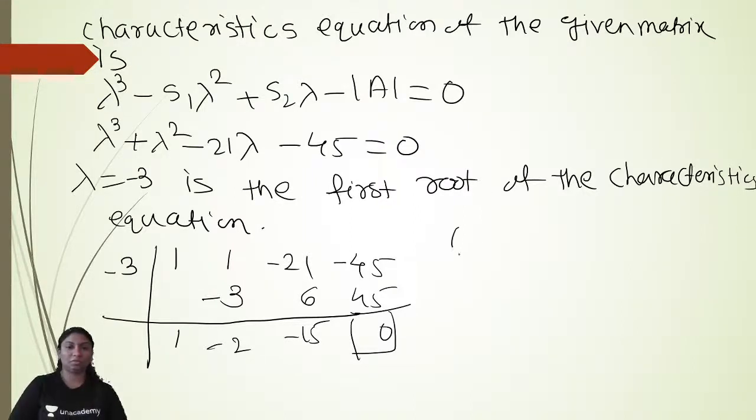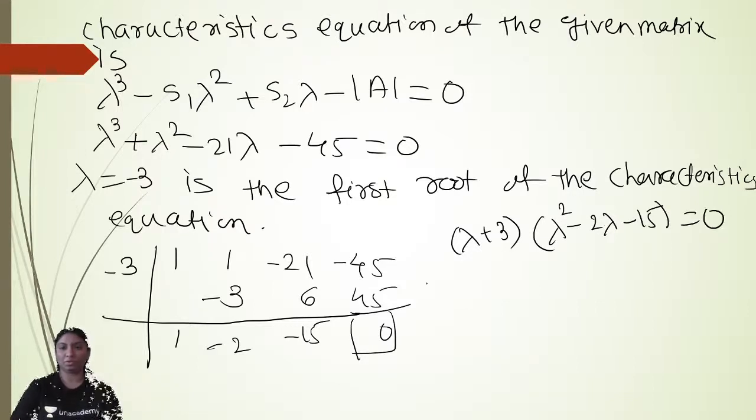So the factors are lambda plus 3 into lambda square minus 2 lambda minus 15 is equal to 0. So the characteristic equation is lambda plus 3 into lambda square minus 2 lambda minus 15.